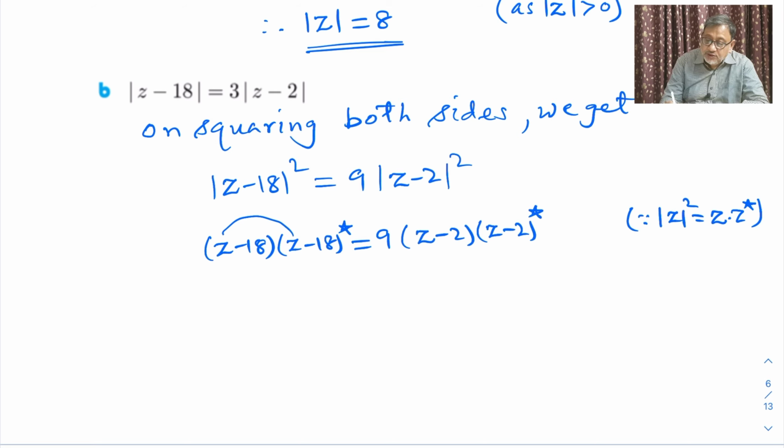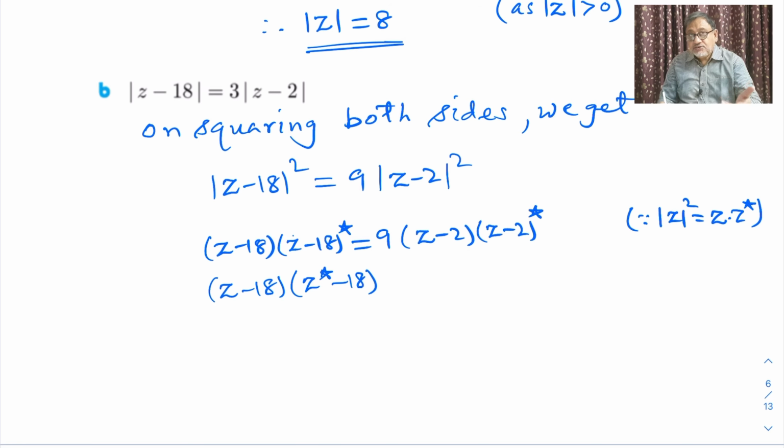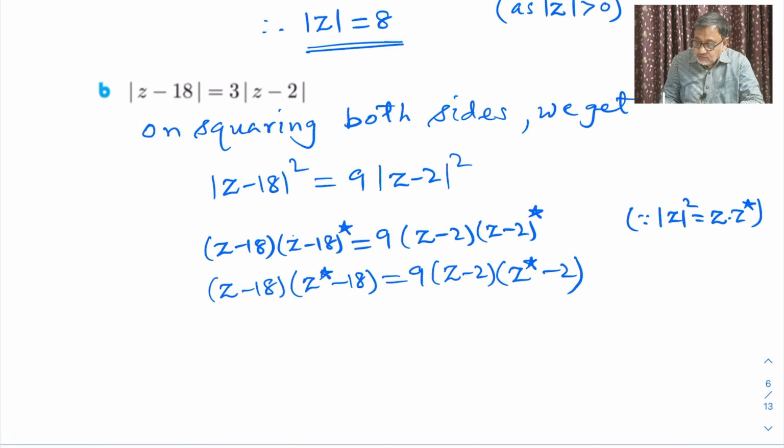Sorry, before I do that, again I was forgetting about it. First I have to simplify the conjugate. So z minus 18 into z conjugate minus 18, because conjugate is distributive over addition and subtraction. We already know about it. So z minus 2, here z conjugate minus 2.